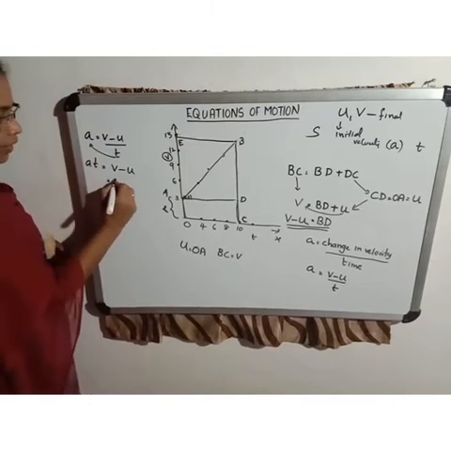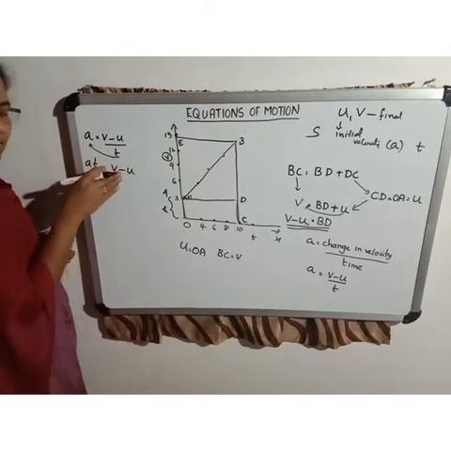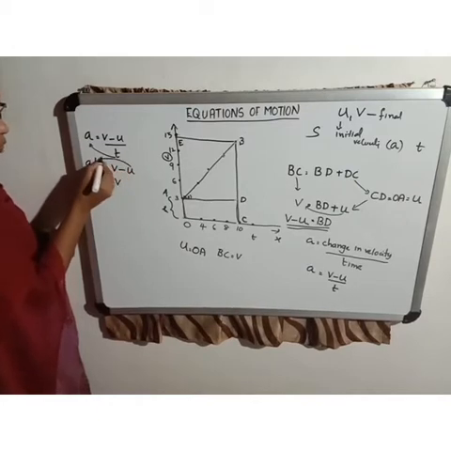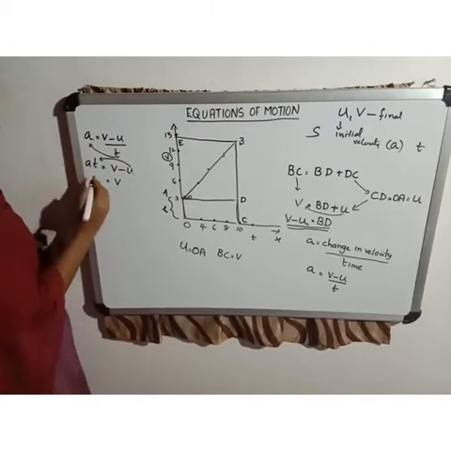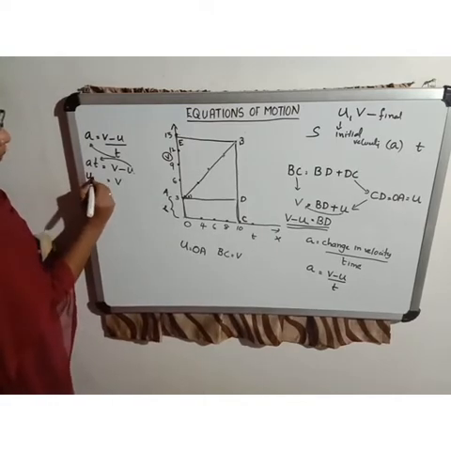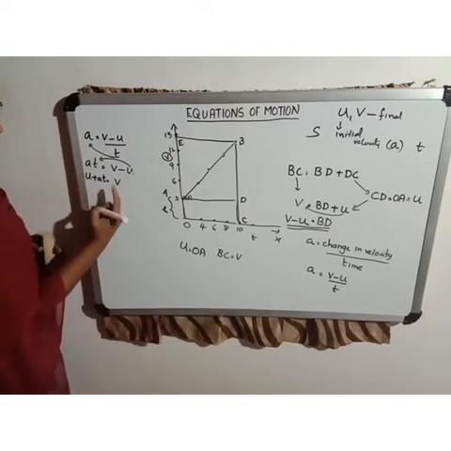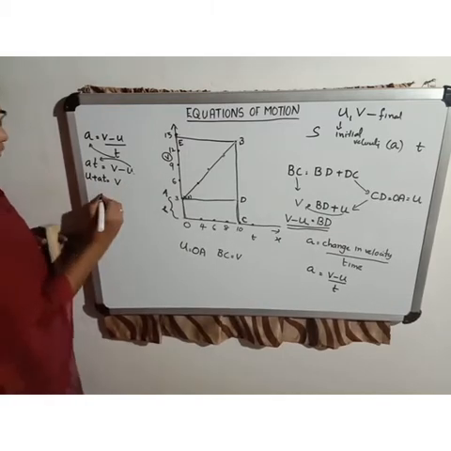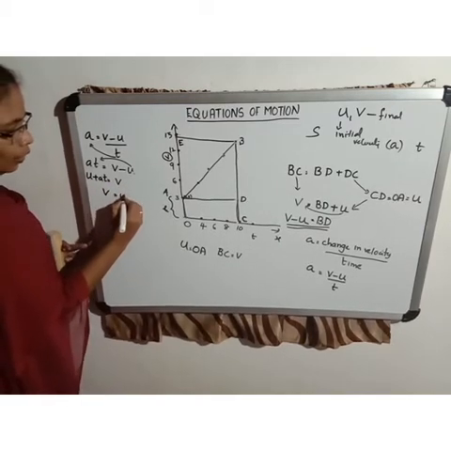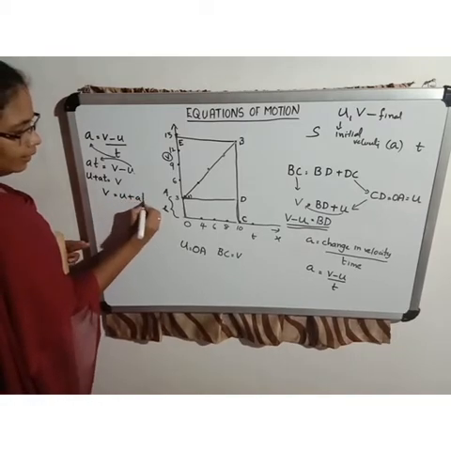Now V is on that side itself. I am making U go to this side. When minus U comes to this side, it becomes plus U. So U plus at is equal to V. A plus B equals B plus A, so I can write in reverse order, V equals U plus at.